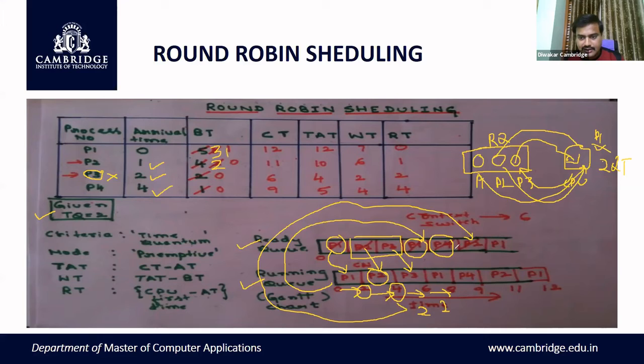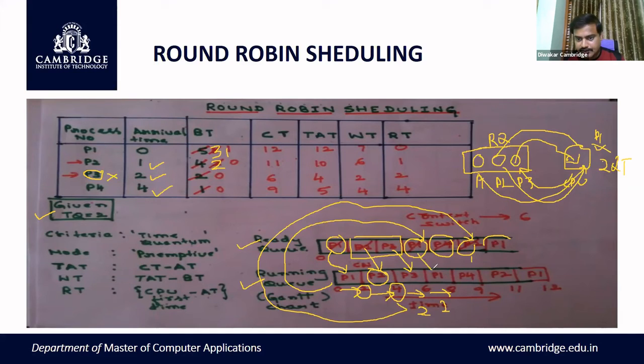Still, how many units are remaining here? 1, right? Now at this particular time, 8, has any process arrived? No. Next, what happens? How many processes are there? P2 is there still, right? Sorry, P4 is there, and P2 is there.